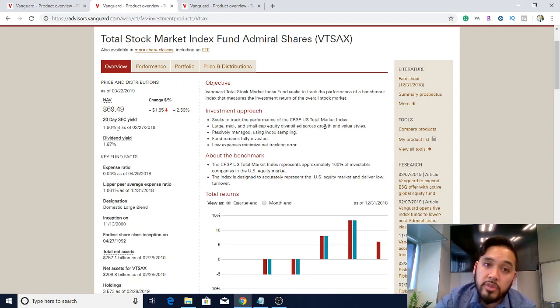The cool thing with passive index funds is that this one in particular has large cap, mid cap, as well as small cap, so you don't have to invest in 3 different funds. It's basically an all-in-one fund to own the overall total stock market.